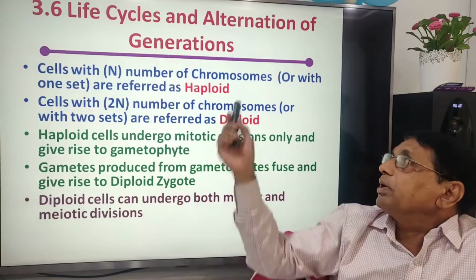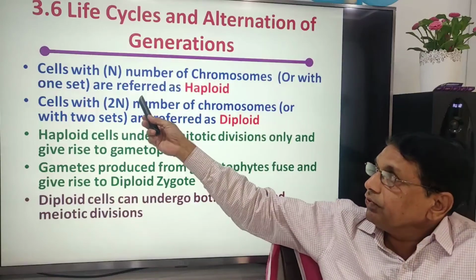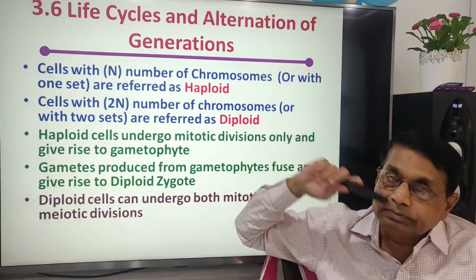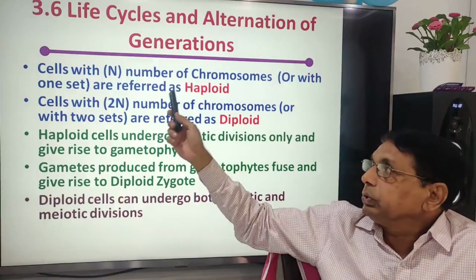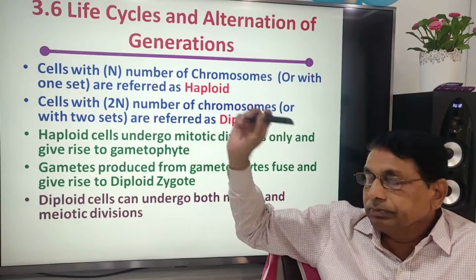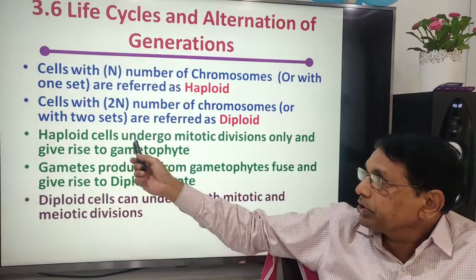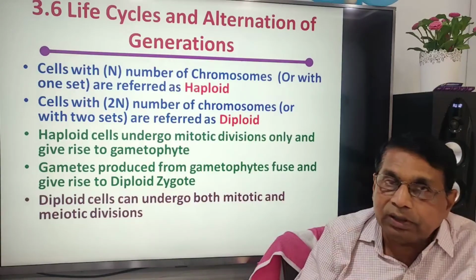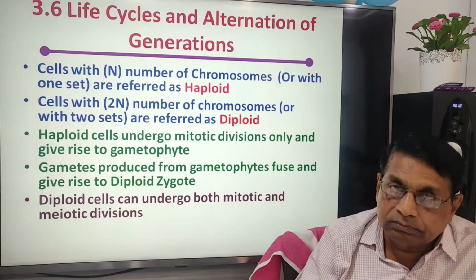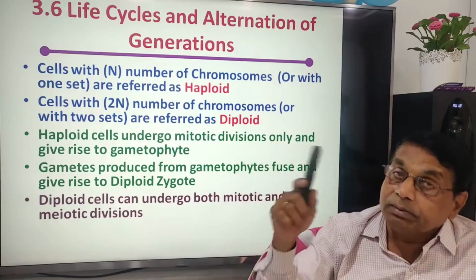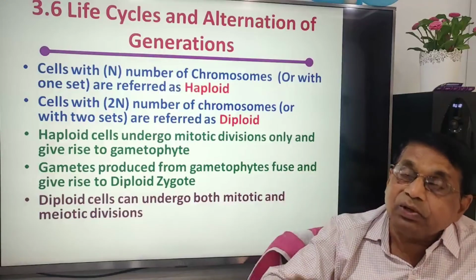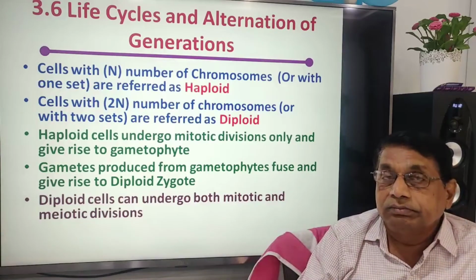Cells with n number of chromosomes, or with one set of chromosomes, are referred to as haploid. With 2 sets, diploid. Haploid cells undergo mitotic division. Haploid cells never undergo meiotic division. But diploid cells may undergo mitotic divisions as well as meiotic division.